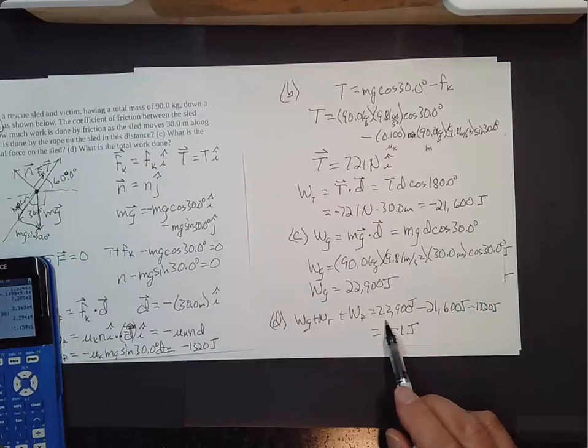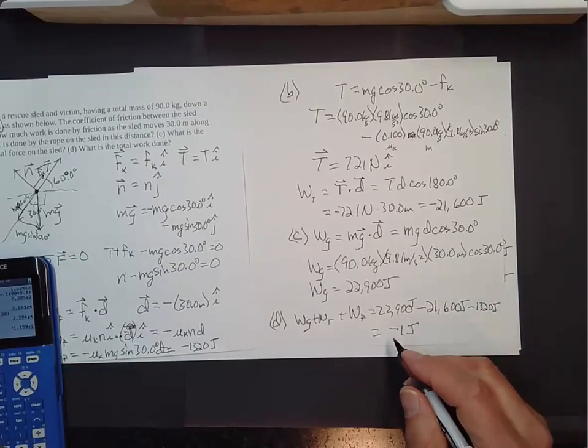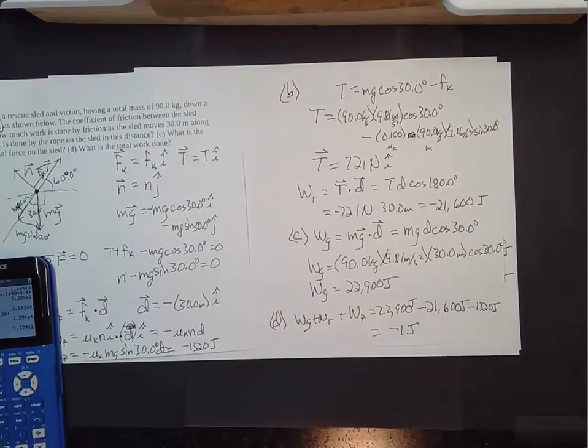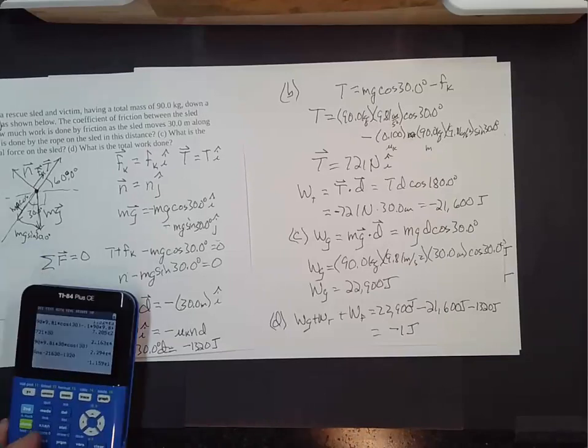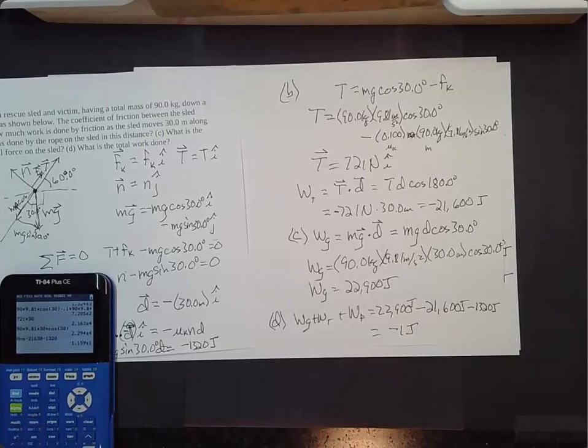Since I've only got these things to 3 significant figures, I essentially get 0. If I could have kept more significant figures, I could have gotten this to add up exactly to 0. So if something is traveling at constant speed, the total work done on it will equal 0.